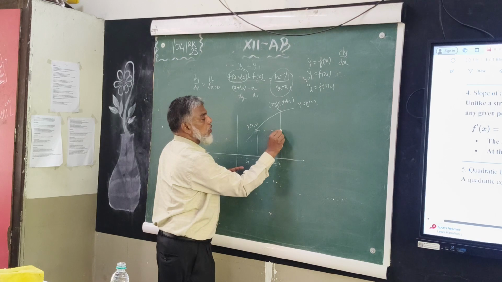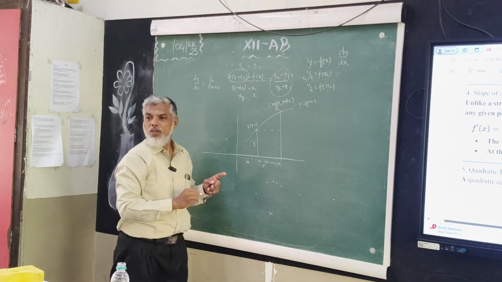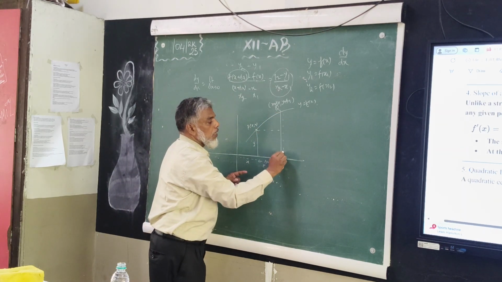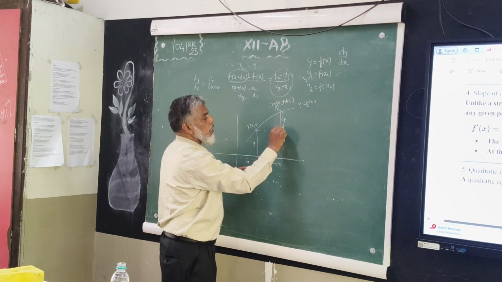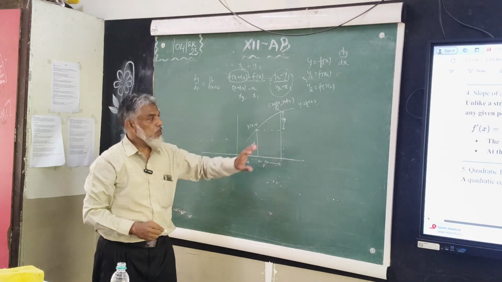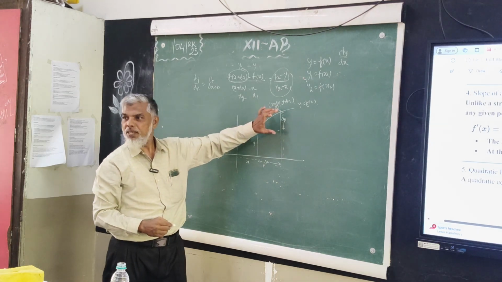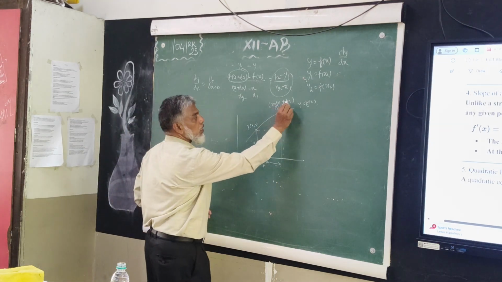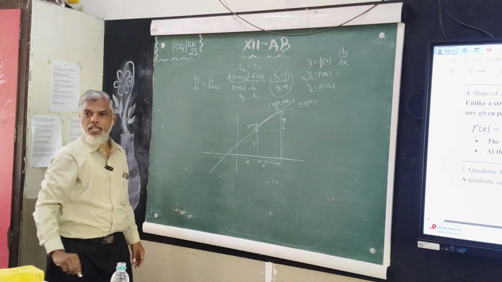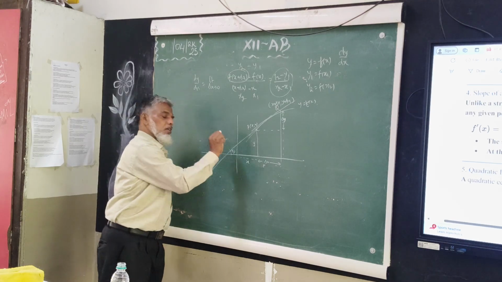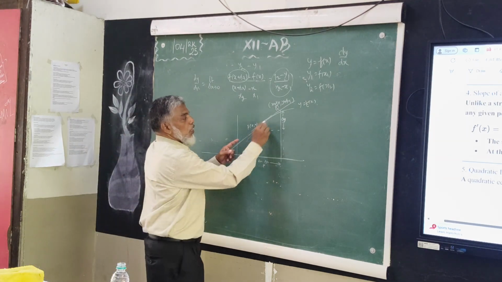What is this distance? y. This one is y plus delta y. Therefore this is delta y. Correct? Draw a tangent and make the angle theta.